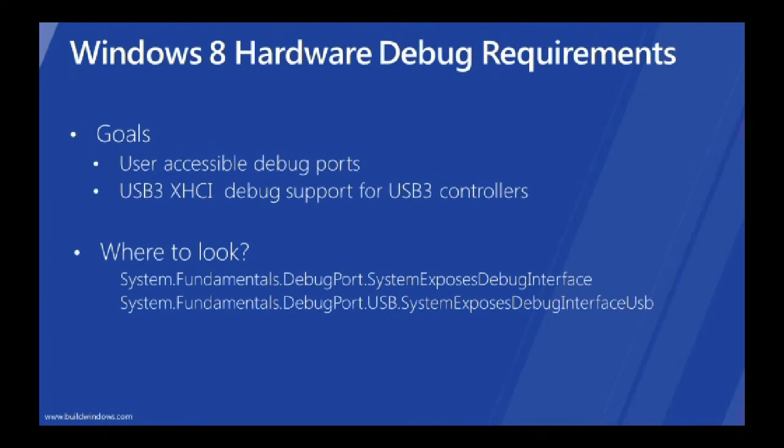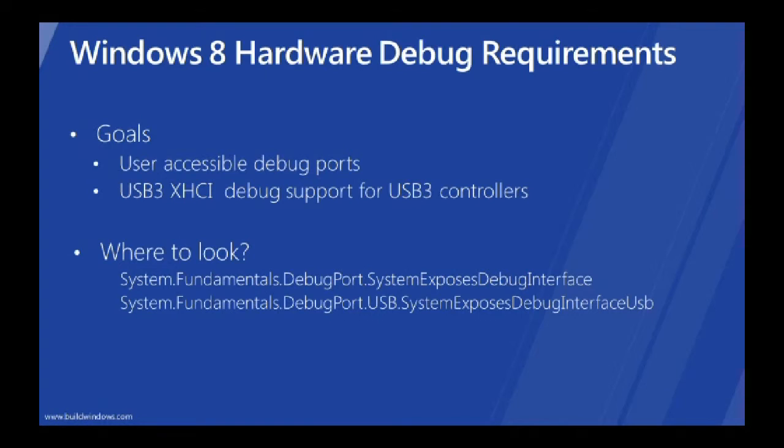To achieve this goal, for Windows 8, Microsoft introduces hardware requirements for debugging and Windows certification kit tests for debug capability. The goal of the hardware debug requirements is to ensure all Windows systems are debuggable in all scenarios. Any two types of ports are allowed provided they each can be used for debugging and for normal customer scenarios.